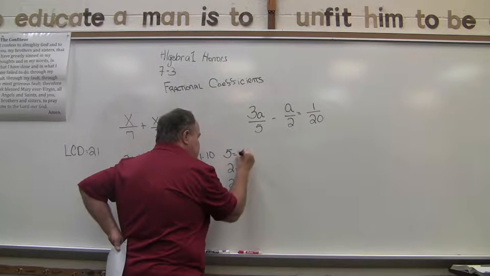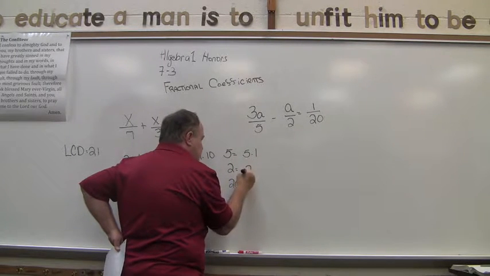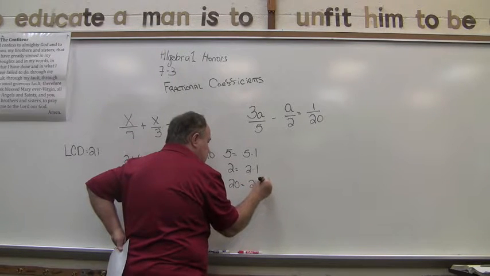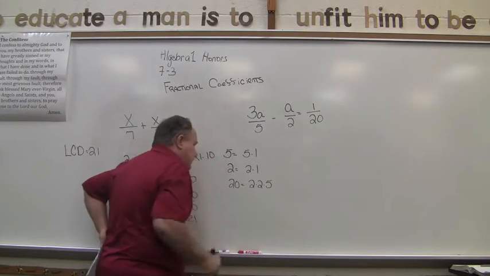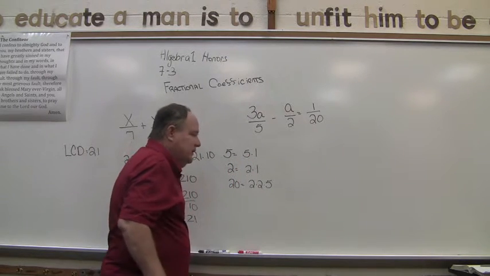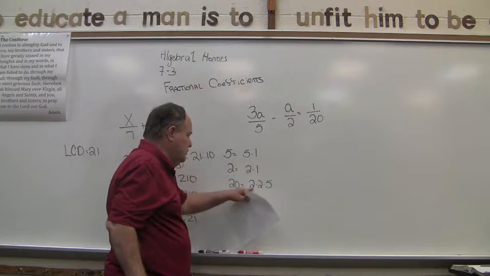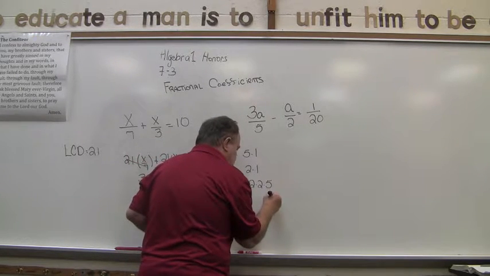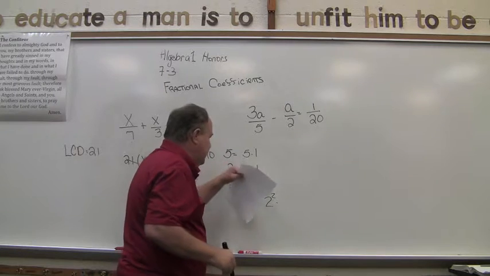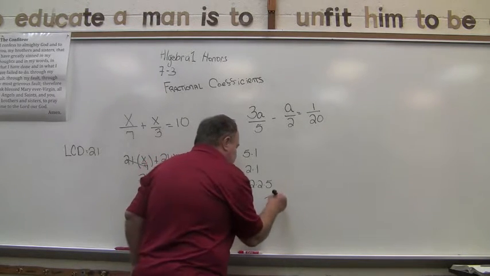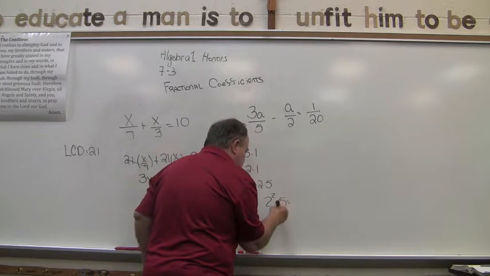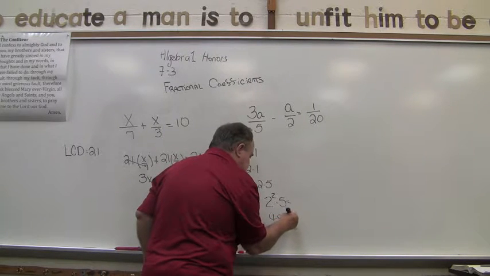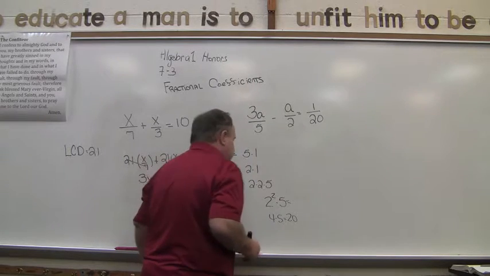The prime factorization of 5 is 5 times 1, of 2 is 2 times 1, and of 20 is 2 times 2 times 5. We take the most number of 2's, which is 2 to the second power, and multiply by at least one 5. So 4 times 5, our least common denominator is 20.